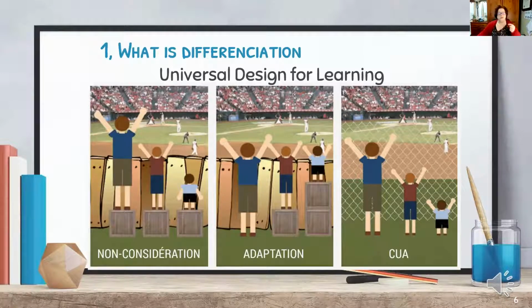But when we're doing universal design for learning, or when we're thinking about differentiation, what we're doing is we're taking the fence off completely, and we're adapting what we do and what the students are looking at or doing to be able to see the whole show and to get to what they need to succeed, okay? Because at the end of the day, the objective of teachers and all of you, I know that, is to give the students the success that they need.